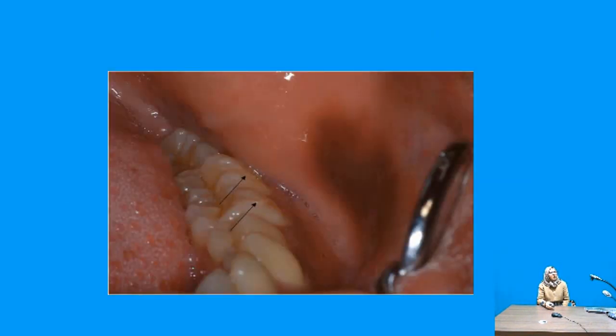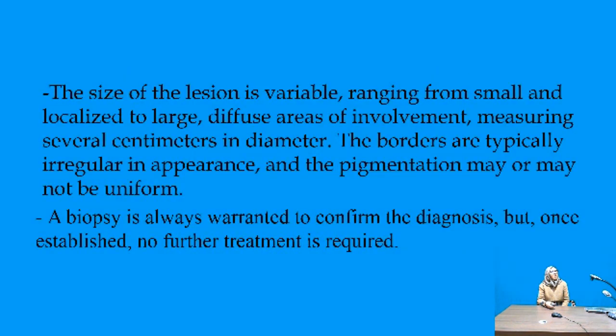This lesion, as we see in the buccal mucosa, is confined only to the oral mucosa, not seen in the skin. The size of the lesion is variable, ranging from small and localized to large diffuse areas of involvement, measuring several centimeters in diameter.